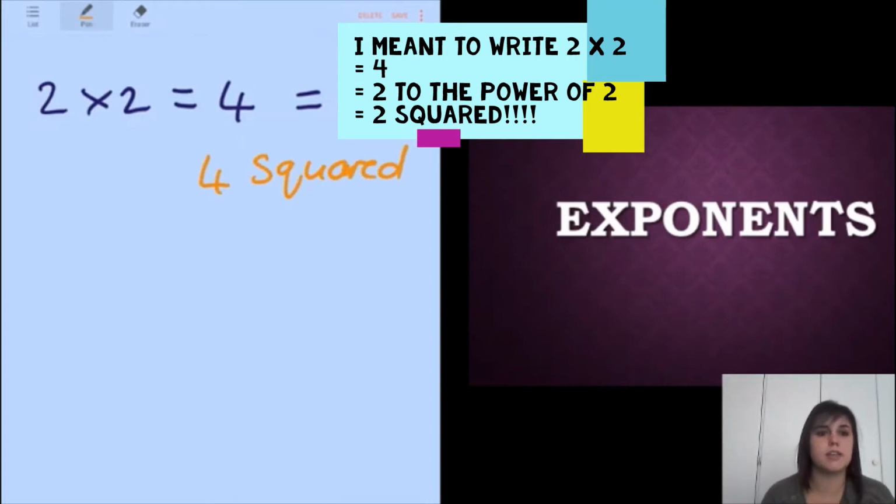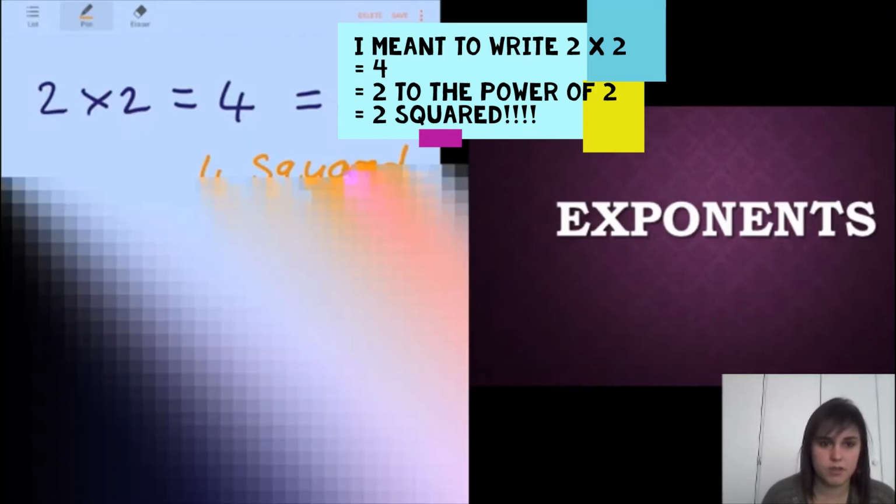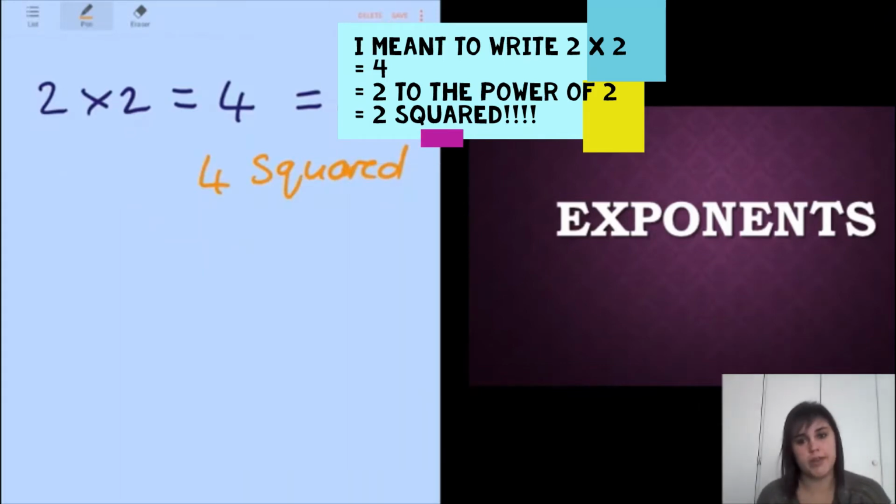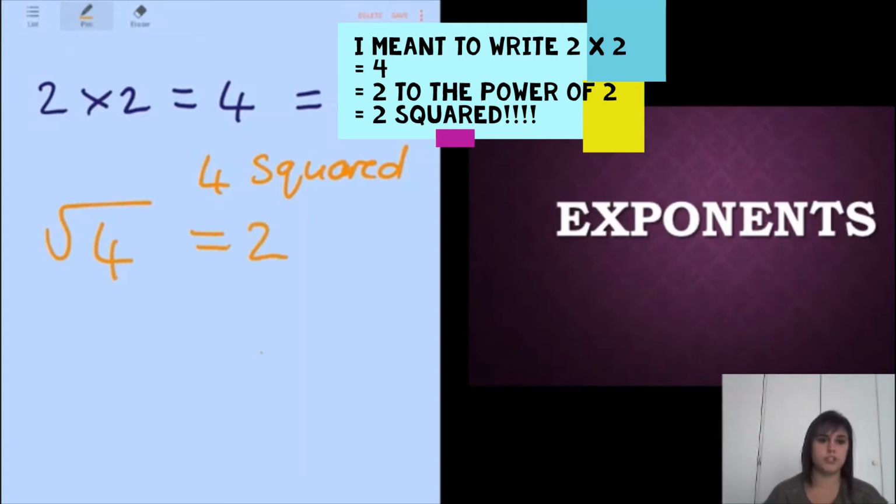It's the exact same meaning. Okay, 4 squared. Now, if we take this and we do the inverse operation, remember inverse means opposite operation, we can say that the square root of 4 will be 2.